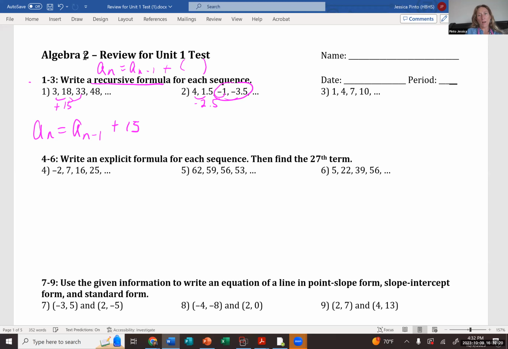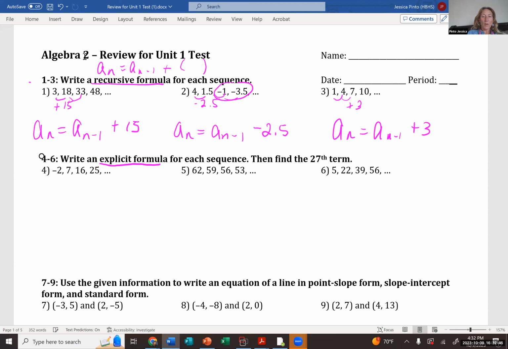So that's a_n is equal to a_(n-1) minus 2.5. For number 3, we're seeing that it's going up by 3. So that's going to be a_n is equal to a_(n-1) plus 3. So the recursive formula is really easy.